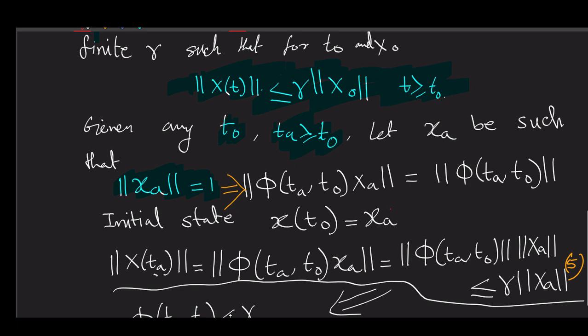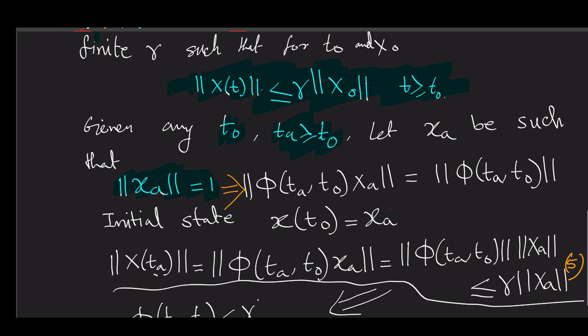Now this x(ta) and xa, these are two different things, right? So x(ta), what we are having? We are having phi(ta, t naught) xa. That gives us less than or equal to gamma norm xa, since again xa, we have assumed that norm of x is equal to 1.